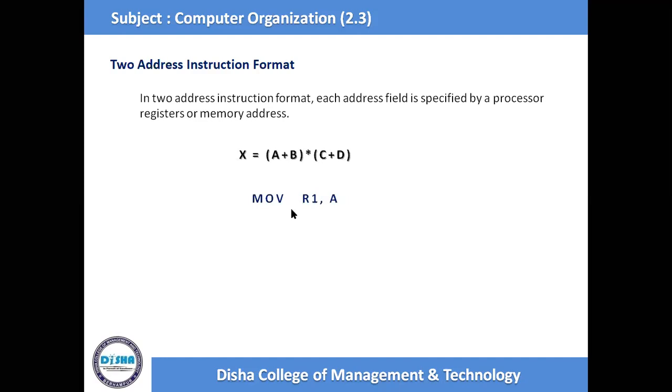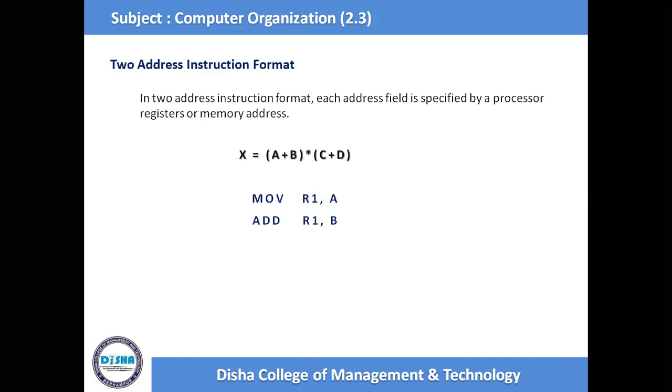Here the instruction specifies MOV R1, A, that means the content of A is moved to R1. This is the operation code, and it specifies that the content of A is moved to R1, where R1 is the processor register and A is the operand address.